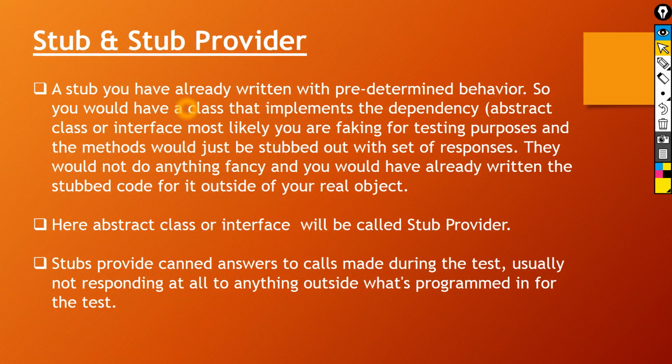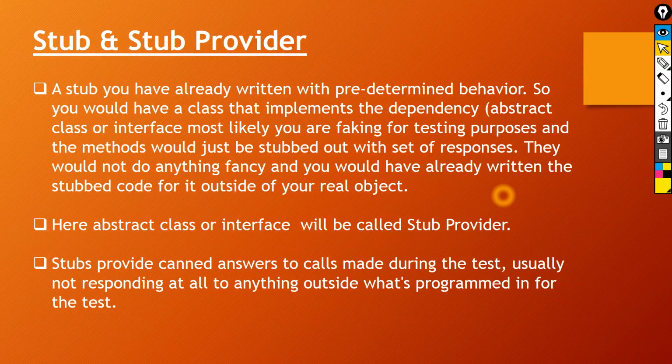Okay, so in this slide you can see what is a stub and stub provider. You can see here in the definition, a stub is something you have already written with a predetermined behavior. Okay, so you would have a class that implements the dependency.